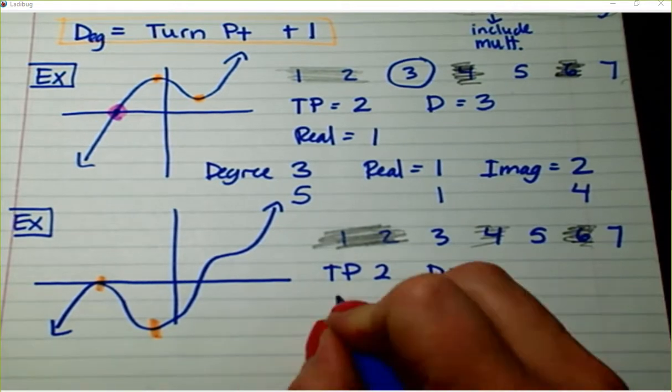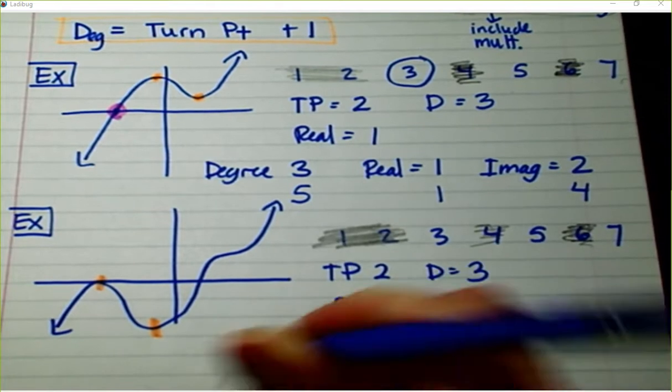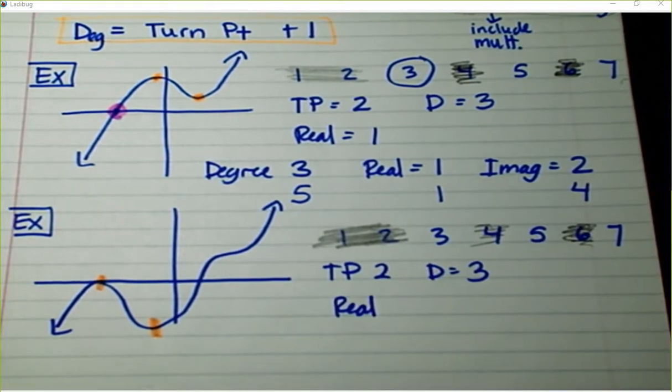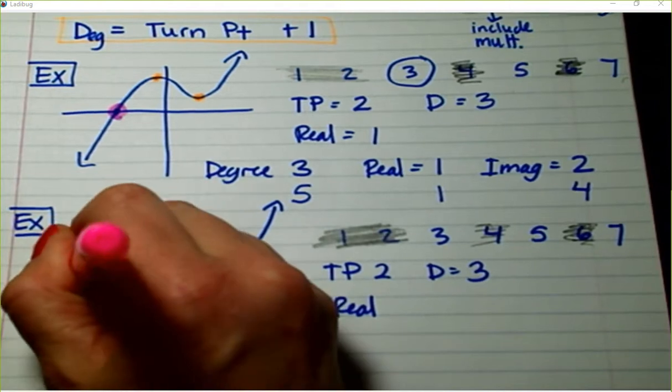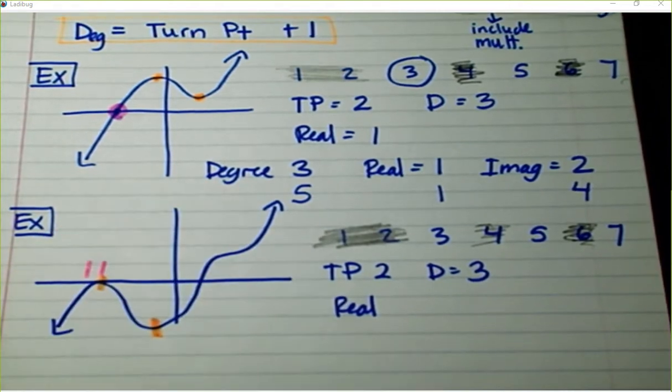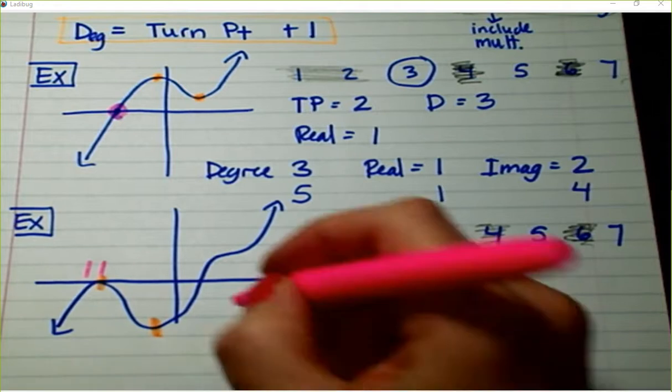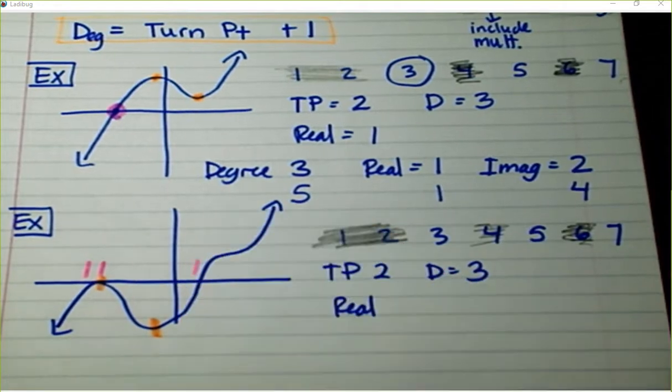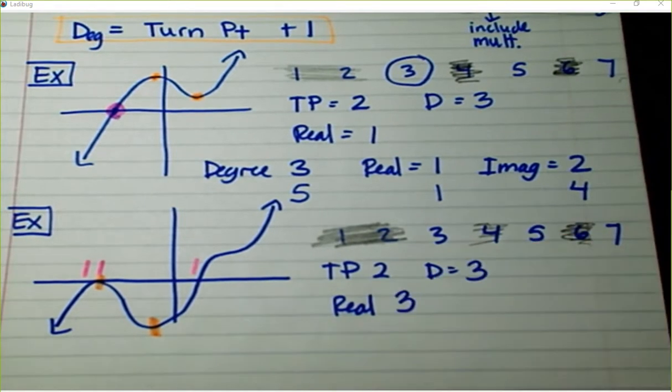Okay. How many real? Well, I've got a bounce, and my multiplicities tell me that the bounce counts as 2 solutions. This one counts as 1. So there are actually 3 real solutions.